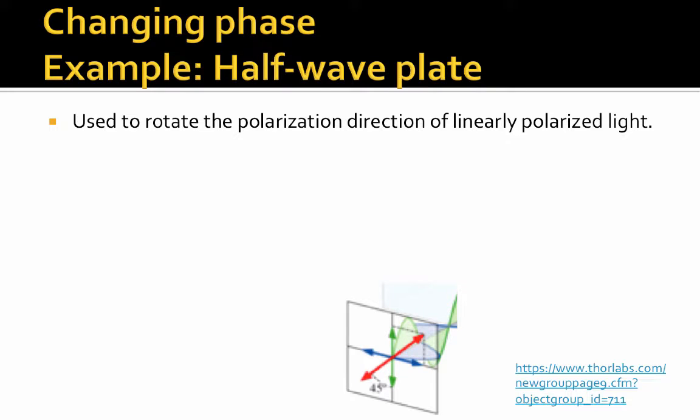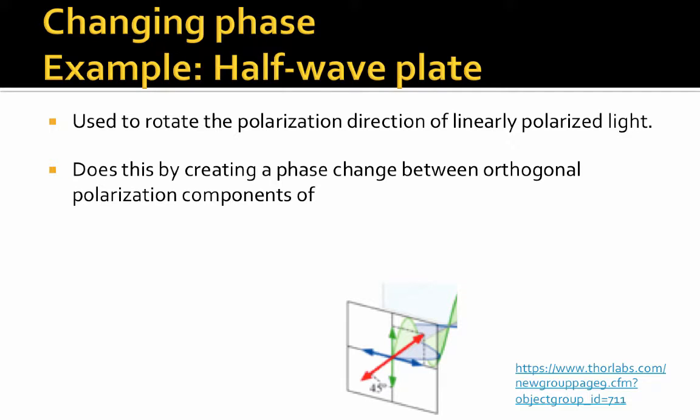I want to give you a little idea of what happens when you change the phase of the light. One example of changing phase is something called a half-wave plate. Those who have taken optics are familiar with the half-wave plate. The half-wave plate is used to rotate the polarization direction of linearly polarized light. The way it does this is by creating a phase change between two orthogonal polarization components, and that phase change, delta phi, equals pi.